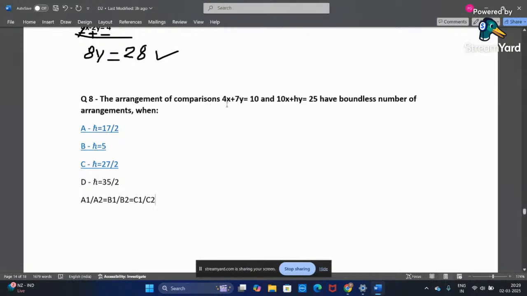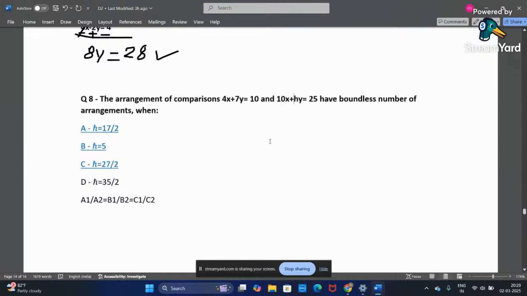Okay, here A1 and A2 are this and this. 4 is A1, 10 is A2, 7 is B1, H is B2, and 10 is C1, 25 is your C2. Here we need to find the H value.